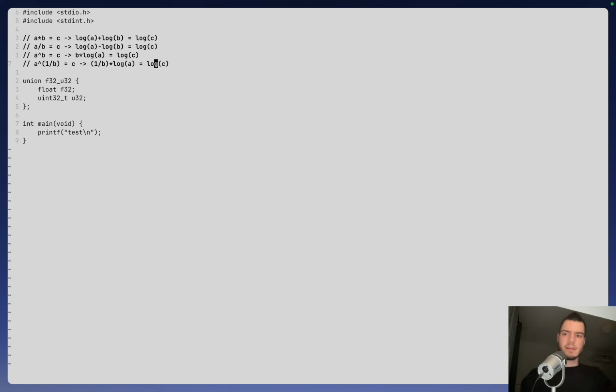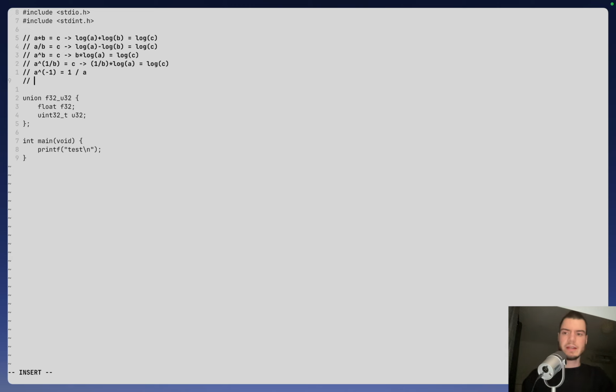Because let's think about how we could represent our inverse square root as logarithms. An inverse square root, or first of all, an inverse. If we want to create the inverse of a, we take a to the power of -1. And that is 1 divided by a. So the inverse.